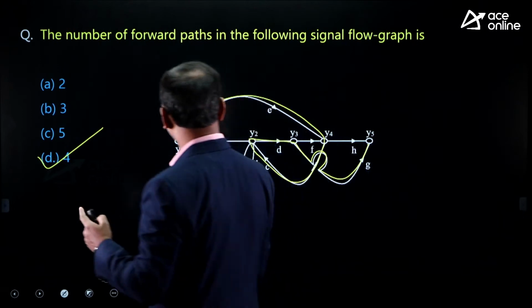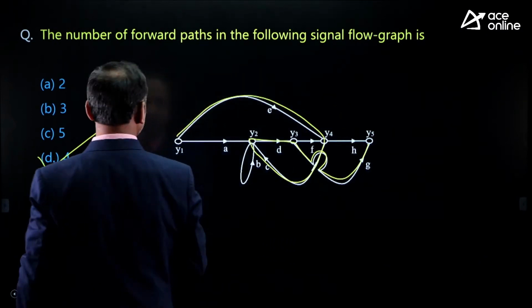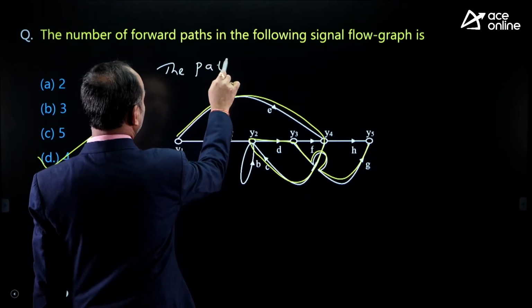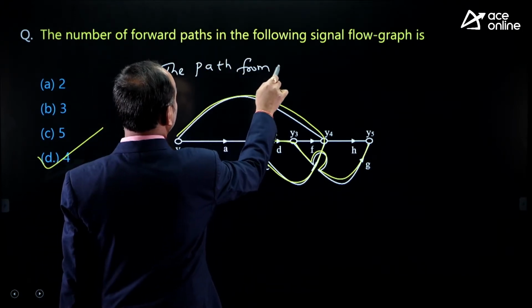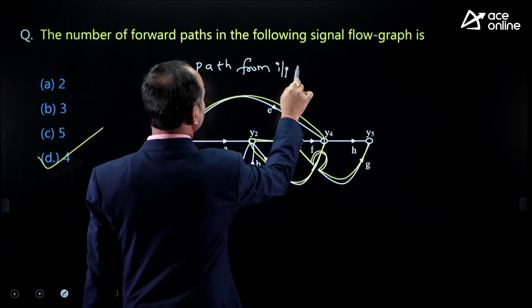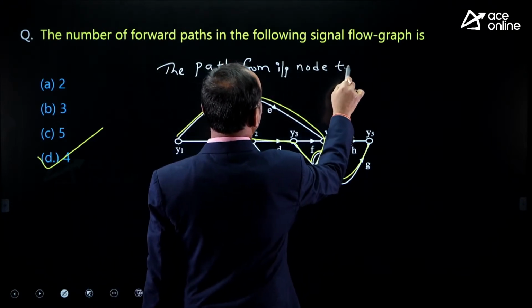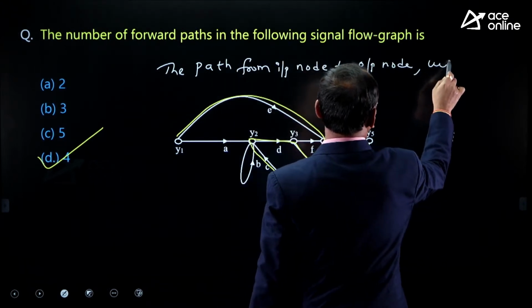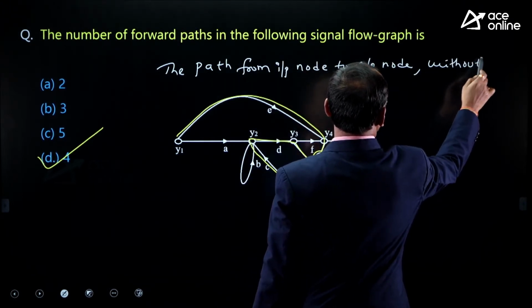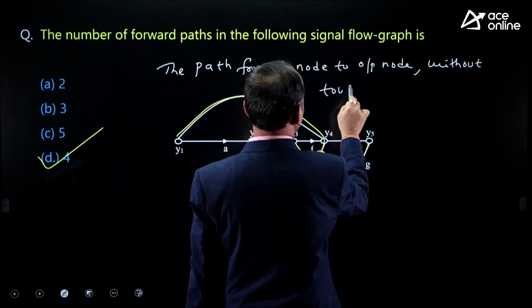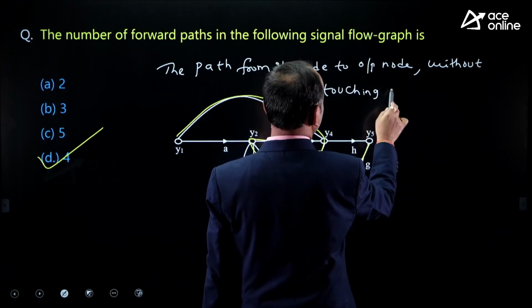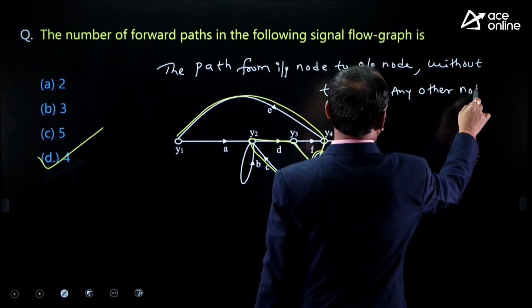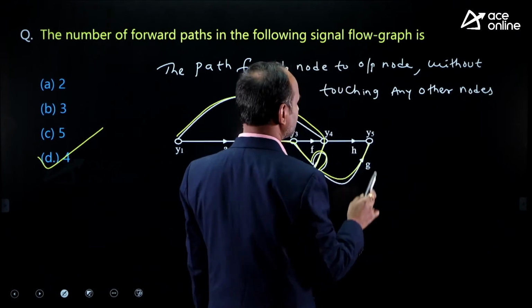What is the forward path definition I am writing? The path from input node to output node without touching any other node more than once.